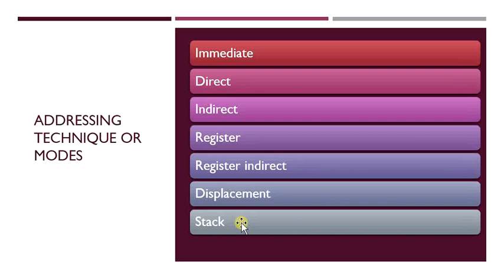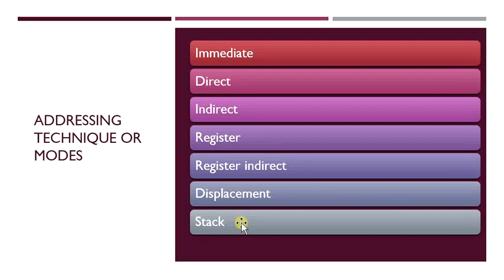So what is the purpose of addressing modes? Basically, it is how to select the operand during program execution. The selection of the operand depends on the addressing mode.